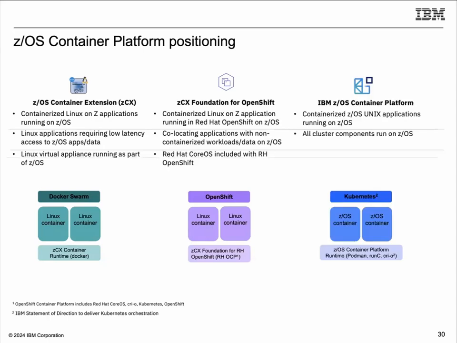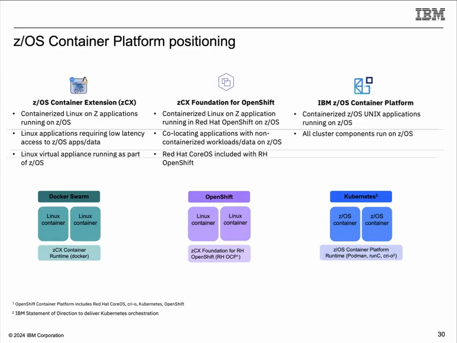With the zOS container platform, what we did is take it further, so it's no longer Linux on Z applications, but zOS Unix applications. Think of your Java applications, or your zOS Connect applications, or your Go applications, etc. You'll be able to containerize them and run them directly on zOS via Podman.